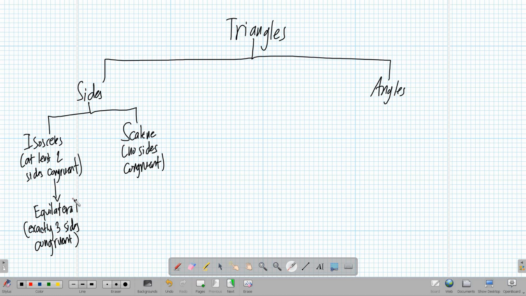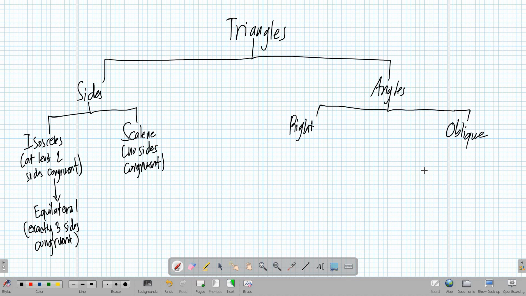Now, on the other hand, if it comes to angles, dapat medyo familiar tayo dito kasi dinaanan ito sa trigo. If you remember, you can either call a triangle that has a right angle a right triangle, and a triangle that does not have a right angle an oblique triangle.